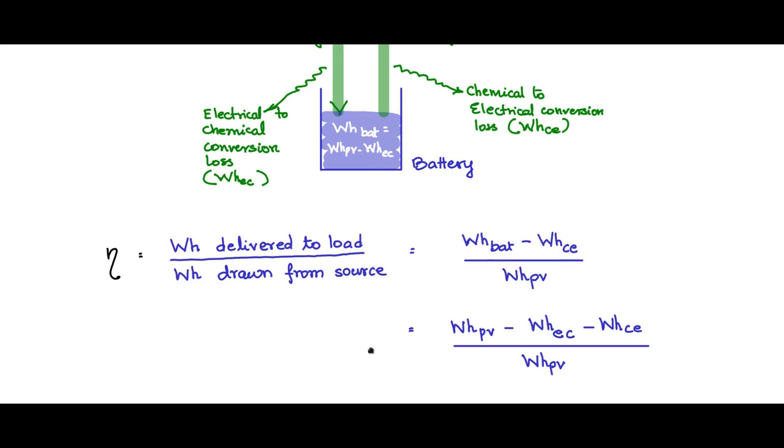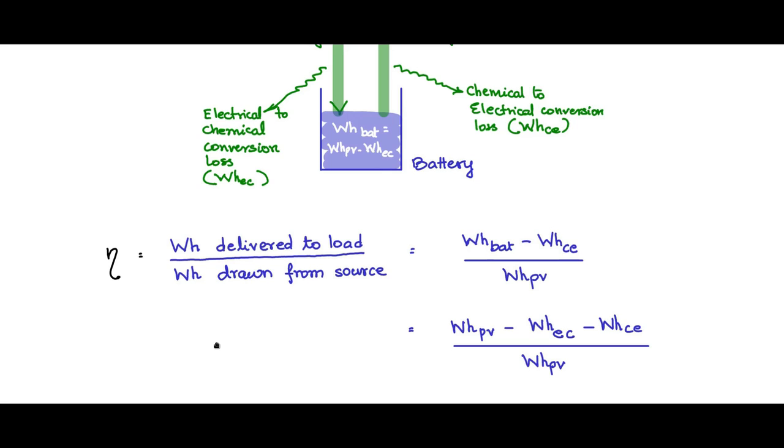For most batteries, this efficiency, which includes both the charge and the discharge cycles, watt hour electrical to chemical loss and watt hour chemical to electrical loss, one during charge and one during the discharge, is being included into the efficiency equation.